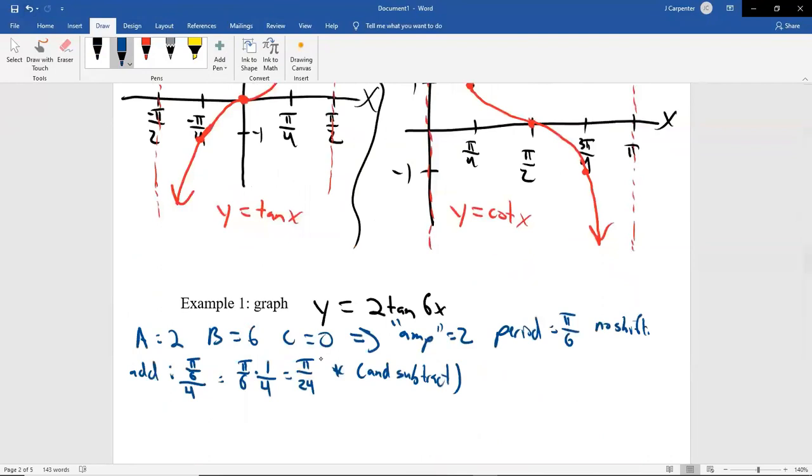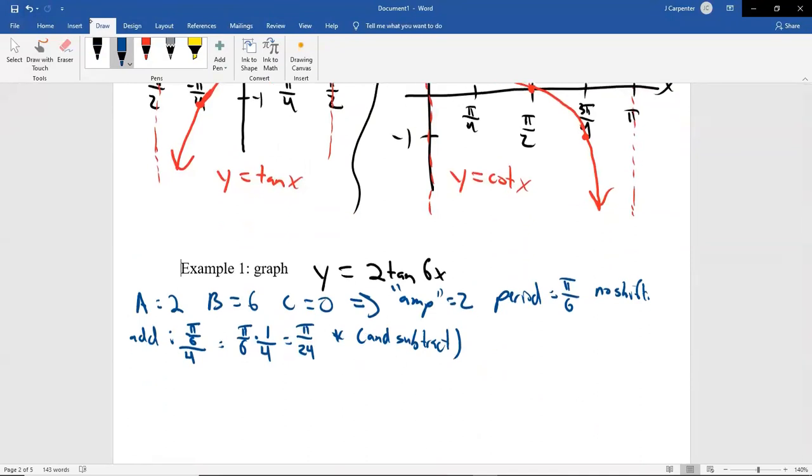Now the asymptote calculations, it's more of a pain to just generalize them in this format, so we'll just see them come out as undefined and it'll tell us. So for our table of values, x and then y, which is 2 tangent of 6x, we're going to have a first point, a second point, third point, fourth point, and a fifth point.